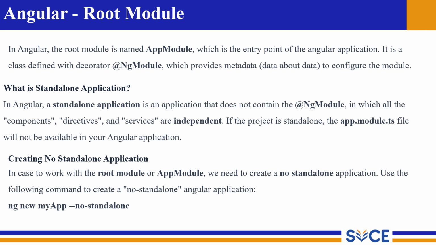And then Angular root module. In addition, the app module is a place or container where we group all the other components, directives, pipes, etc. In Angular, the root module is named app module, which is the entry point of the Angular application.